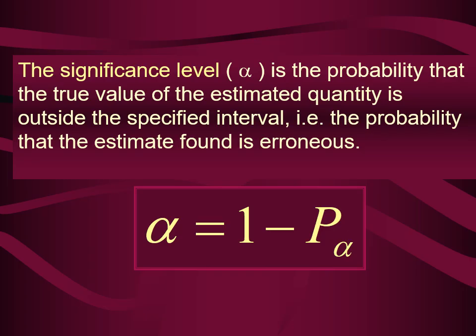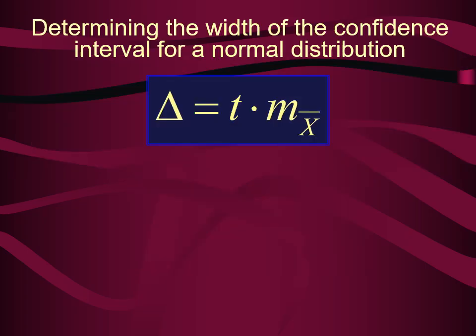Here, well, the standard designation, I have already said, of the significance level is the letter alpha. In order to determine how large the spread of values is, this delta is calculated to determine the boundaries of the interval.